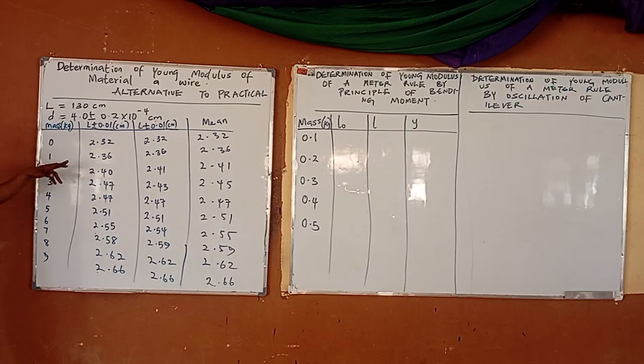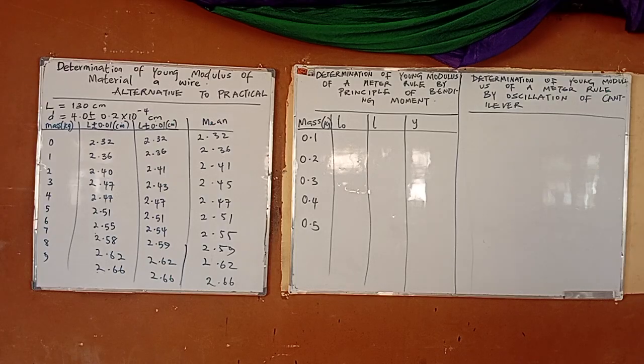So please, this particular one, they did the whole work. But we know that Young modulus practical is simply talking about us checking the stiffness or elasticity of the material. That's what Young modulus is all about. The measure of the stiffness or elasticity of a material is known as Young modulus. In fact, another way you can think of Young modulus is simply when it has to do with materials, what you think of as friction in normal day-to-day life.